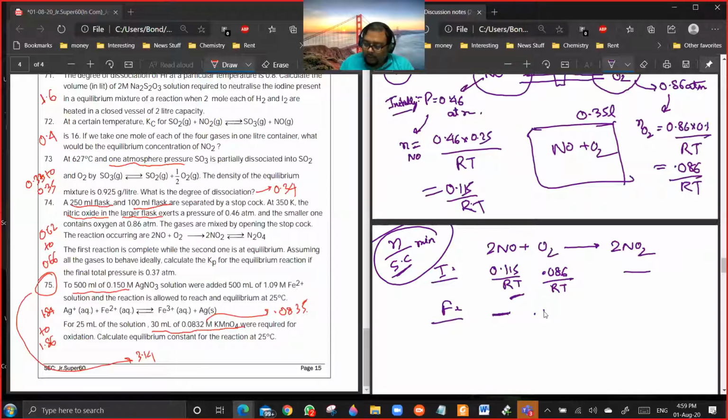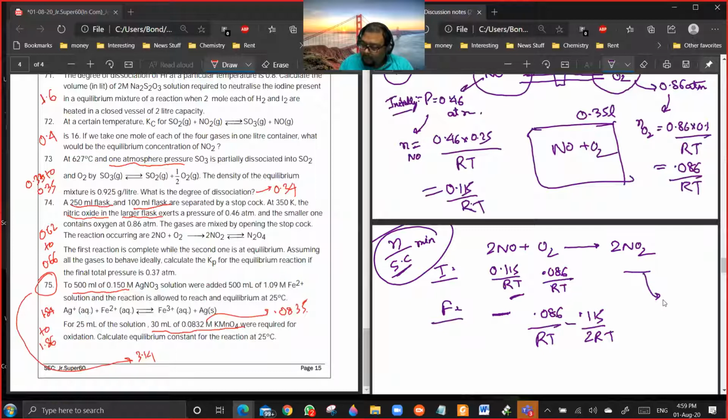And if this is consumed, what is left of the other is 0.086 by RT minus, see, 2 moles of NO is reacting with 1 mole of O2, so 0.115 of NO will be reacting with half the moles of O2. So 0.115 by 2RT moles of O2 will react, and this will decide the product.